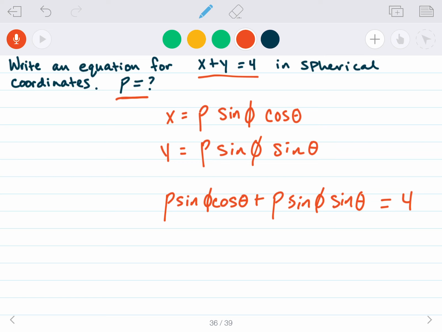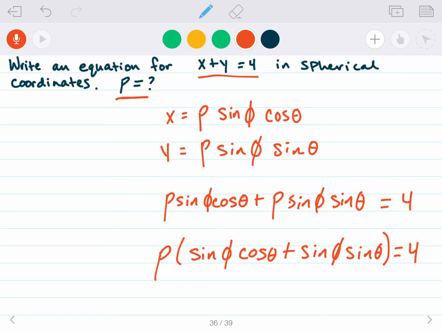Okay, so I want to isolate rho, so I'm going to go ahead and factor out a rho so that I can do that isolation. And when I factor out a rho, I get rho times sine phi cosine theta plus sine phi sine theta is equal to 4.